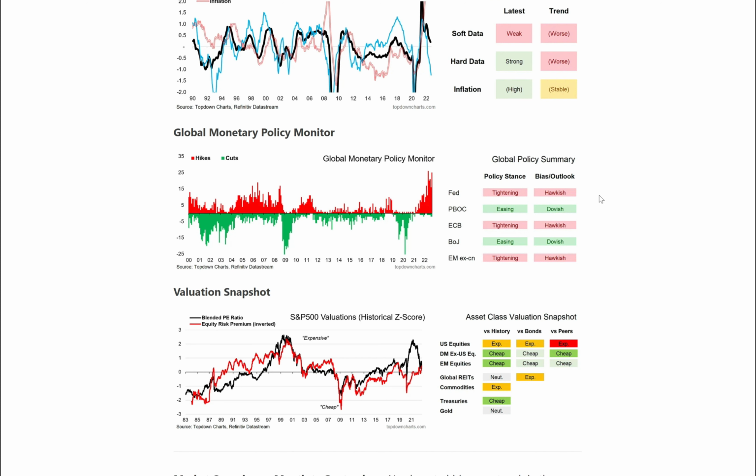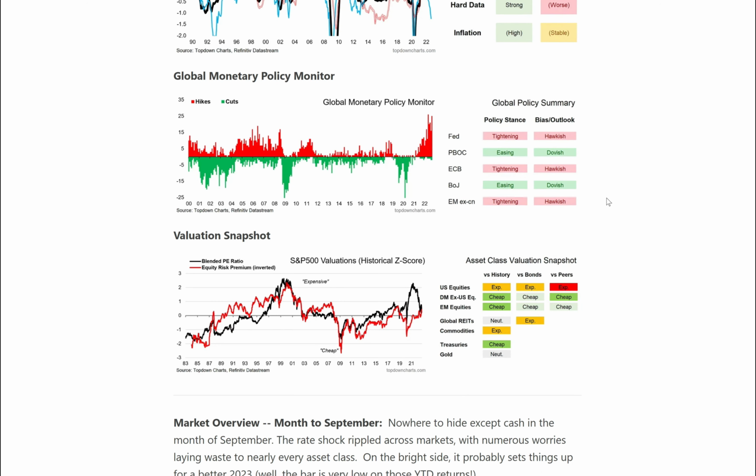Importantly, as a companion to that, you've got the table which shows the policy stance. For example, the Fed is in a tightening stance, and in terms of the bias or outlook, the Fed is still hawkish. That's pretty self-explanatory.